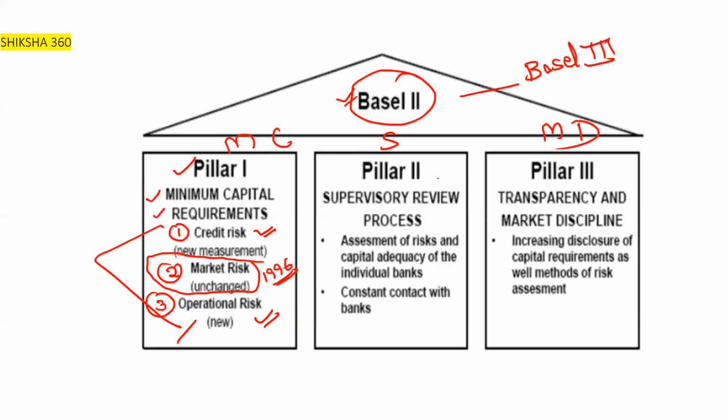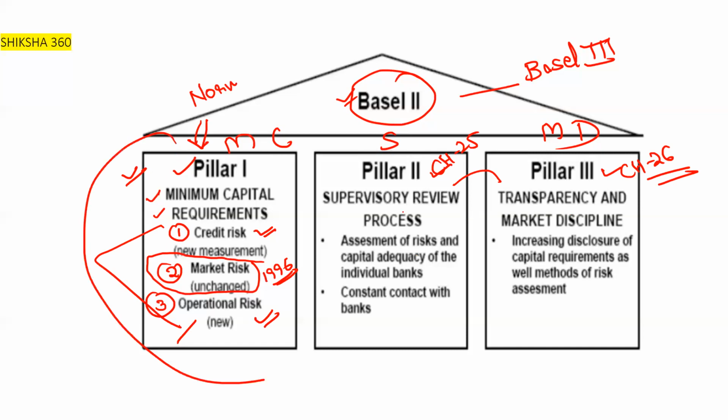I will not discuss pillar 2 and pillar 3 now. We will leave these 2 pillars: this pillar is for chapter number 25, and this pillar we will leave for chapter number 26. Clear? So now pick up the first pillar from these Basel 2 pillars, norms or revised framework, and let's discuss it in detail.